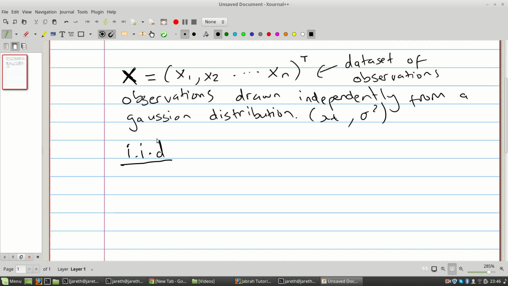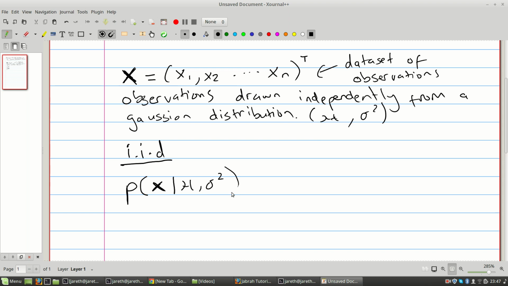So when someone asks us, given these observations, to estimate the value of mu and the value of sigma squared of the Gaussian distribution that we're drawing from, what we're essentially trying to find is the probability of the data set that we generated: the probability of X given mu comma sigma squared.